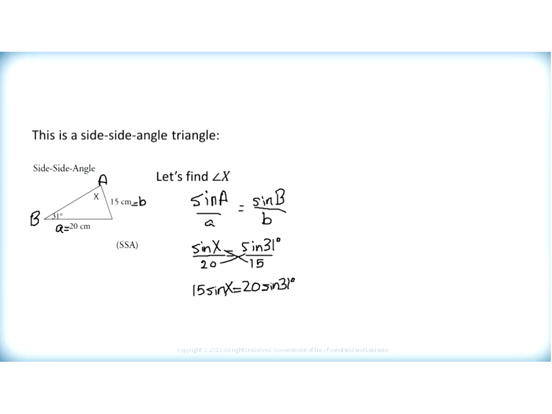To do that, first I have to get sine x by itself. So I'm going to divide both sides of my equation by 15, which gives me sine x is equal to 20 sine 31 degrees over 15.